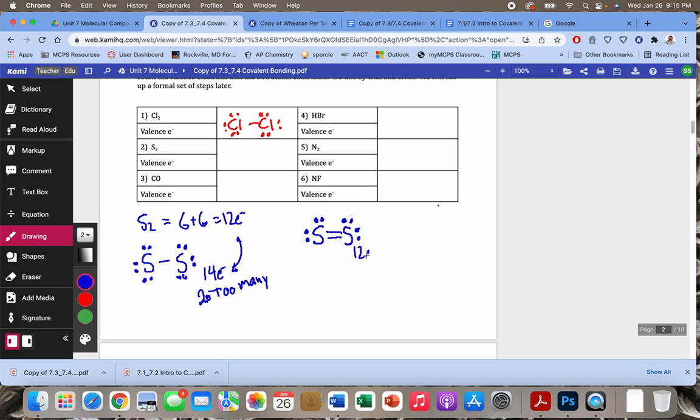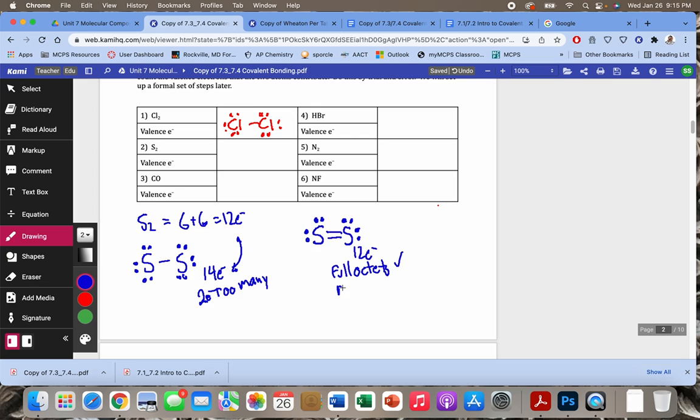This is 12 electrons. And so by adding a second bond, for every extra bond we add, we get rid of 2 extra electrons. And since I was only 2 away, I only had to have 1 extra bond. And so now we have full octets. Check, right?